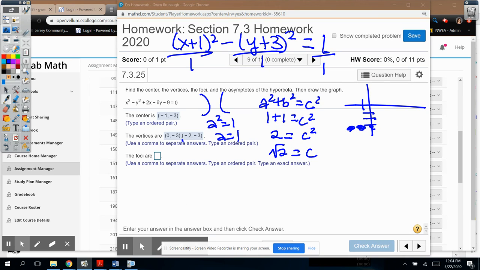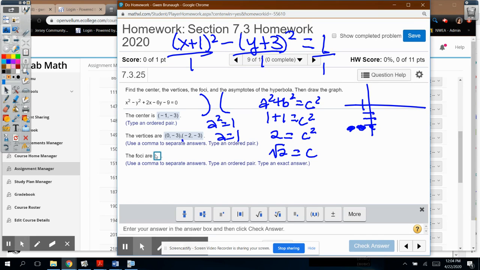But what I'm going to do is start at that -1, which is where I start at the center, and I'm going to subtract the square root of 2. I'm still going to be down 3. And, ooh, that was interesting. And then I'm going to add the square root of 2. But I will still be down 3.